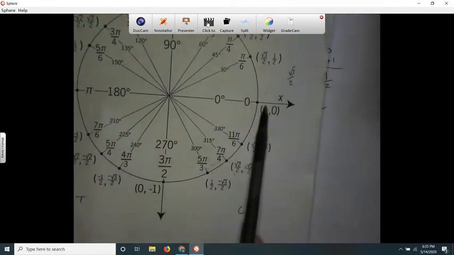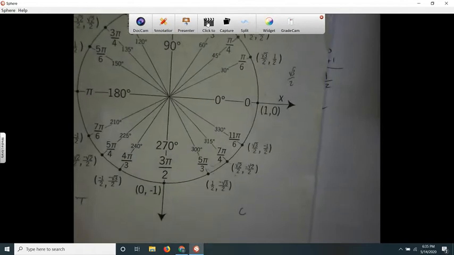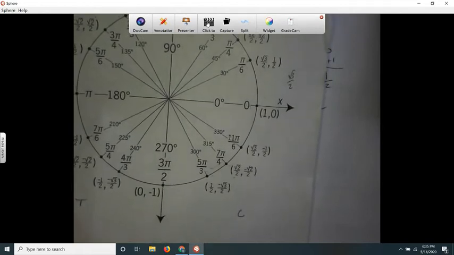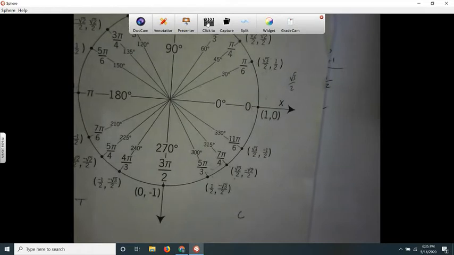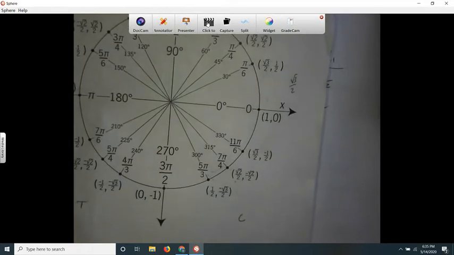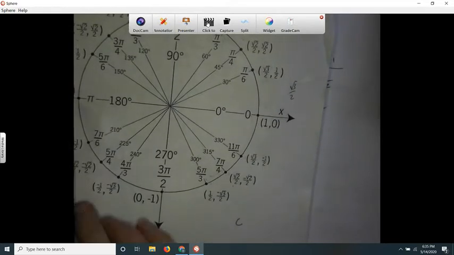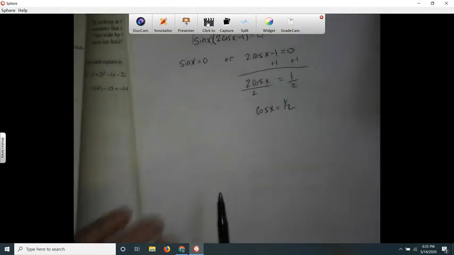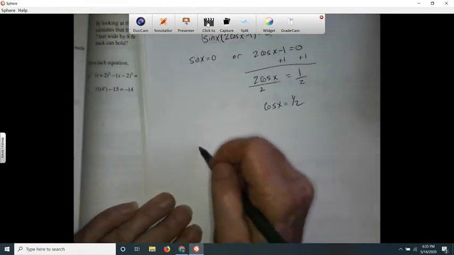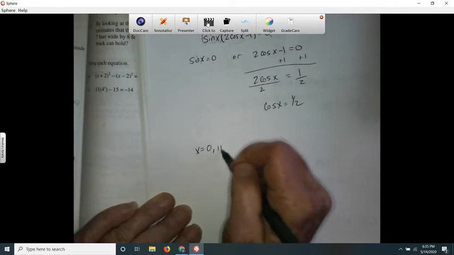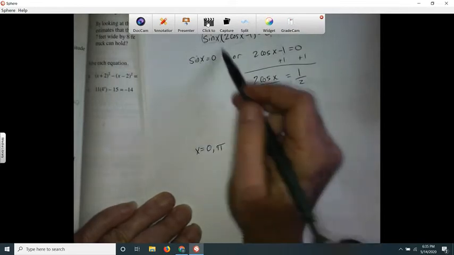So we are going to include 0 and pi. I'll just write an answer box. These answers came from the sine.